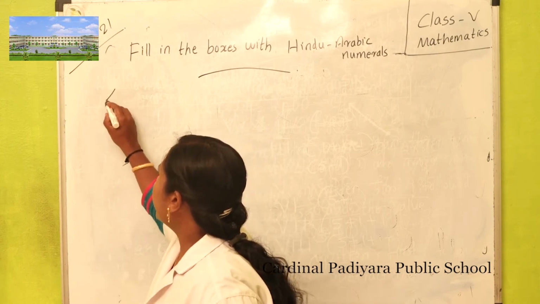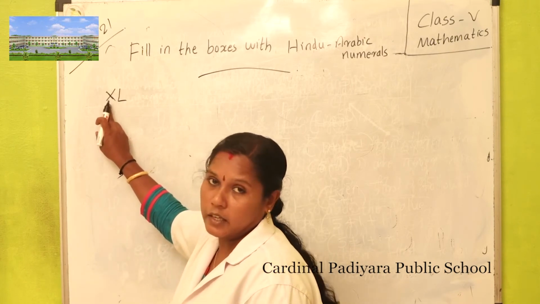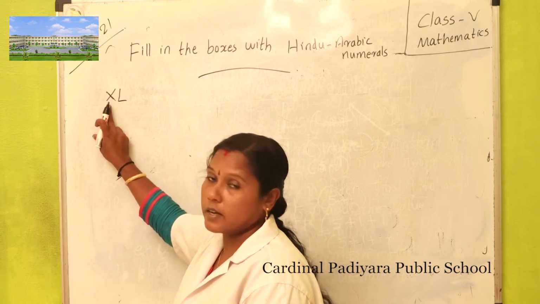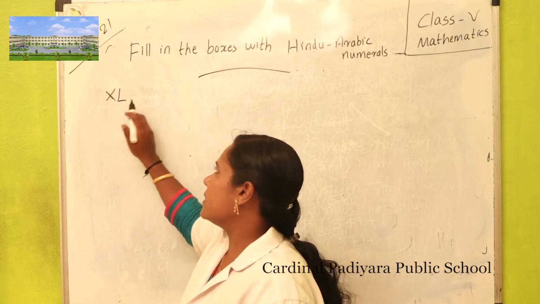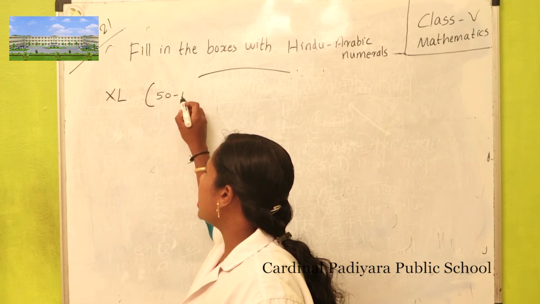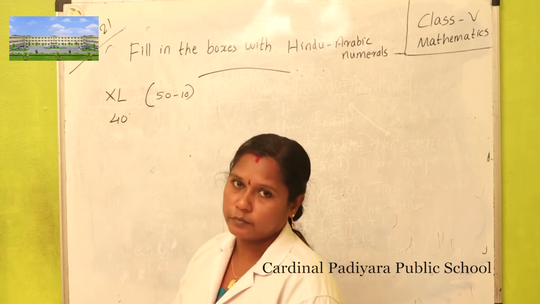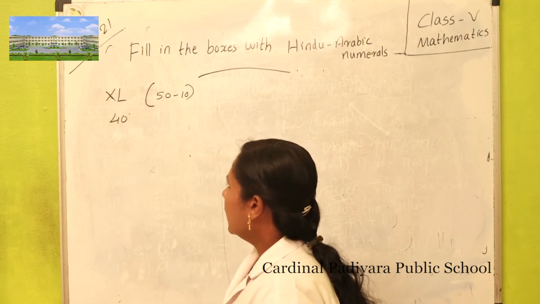Then XL. X 10, L 50. Smaller value is written first followed by the bigger value means subtract the value. That means 50 minus 10 is equal to 40. XL means 40.